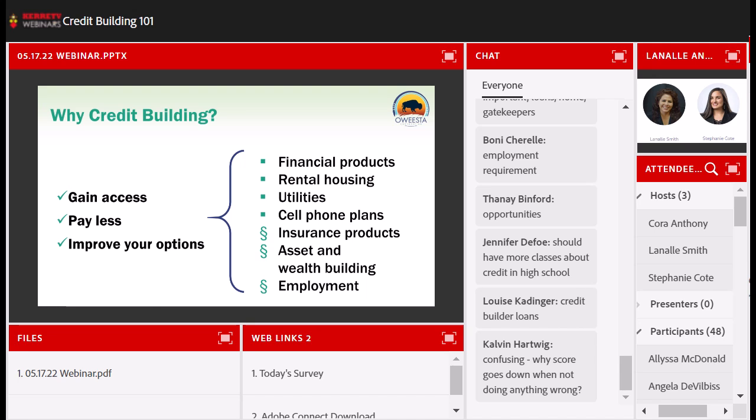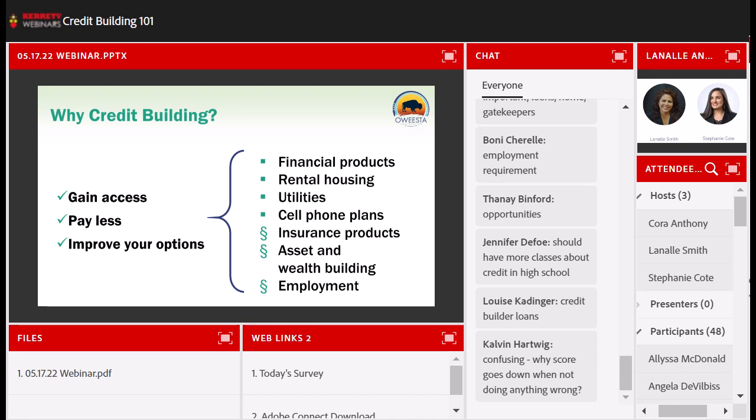And so good credit equates to opportunity and options for housing. At times, landlords can require credit reports to be pulled to determine whether to rent to an applicant, or it may impact the amount of the security deposit they're going to charge. Good credit is a precursor to asset building.